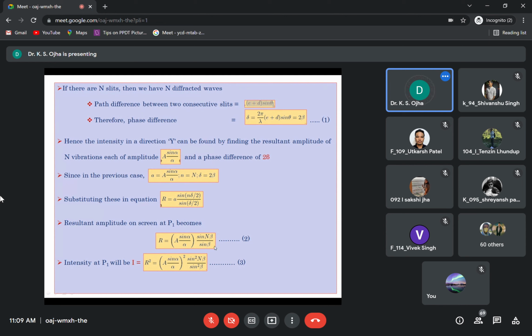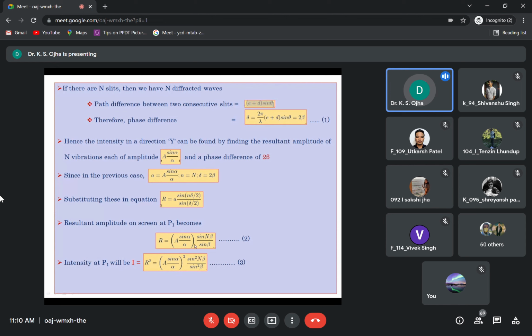This is the resultant amplitude of n diffracted waves having amplitude a sine alpha by alpha and phase difference of 2 beta. So the intensity will be I equals R square, which is a sine alpha by alpha whole square times sine square n beta by sine square beta.